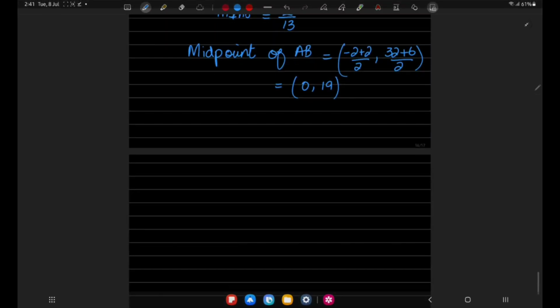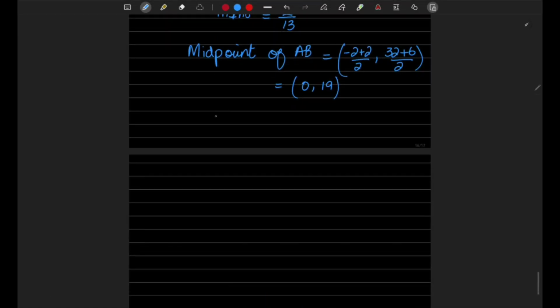So let's write down the equation of the perpendicular bisector. On the line AB, for example, we need the perpendicular bisector equation. This is the perpendicular bisector that we need to find. For this we have the midpoint and the slope of the perpendicular bisector.